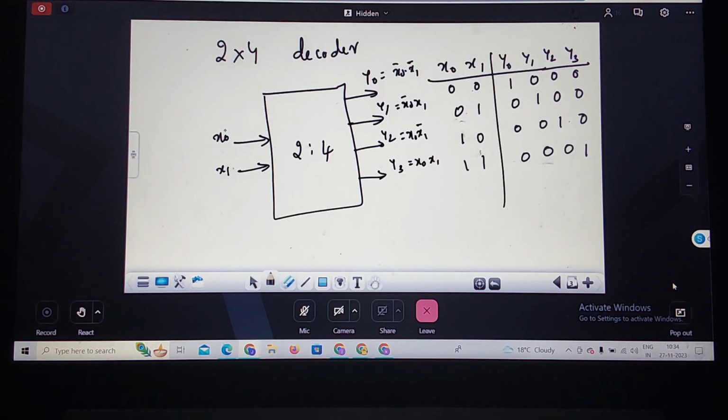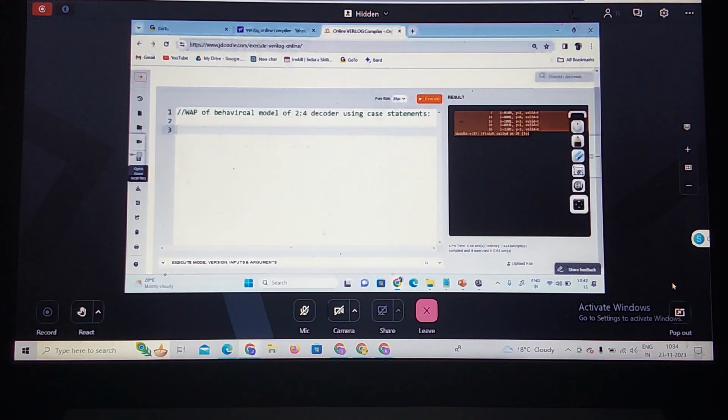Can you write a program for this using a case statement? How to write the case statement for this? Module, let us take decoder. Let us take the 2x4 decoder.